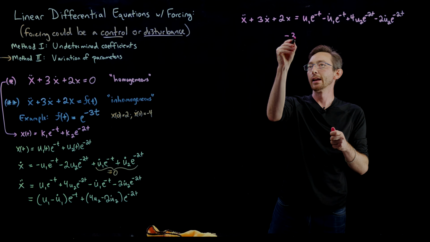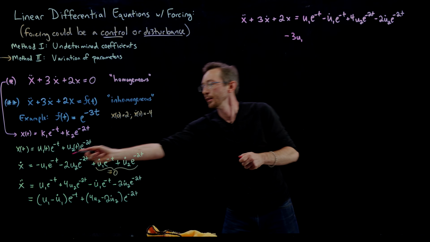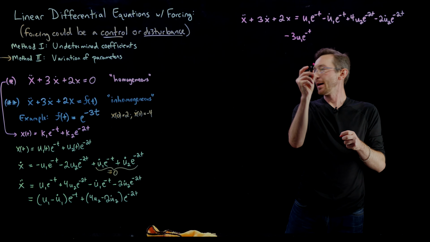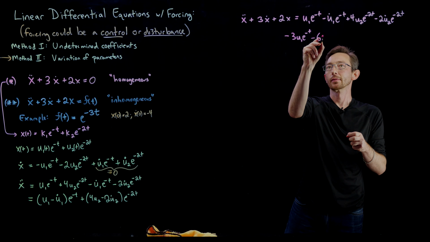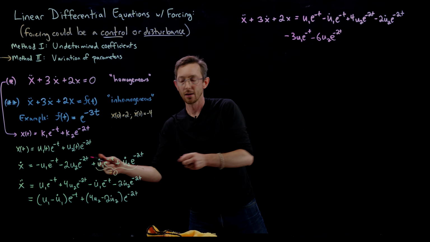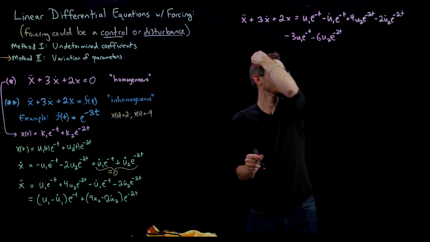So minus 3u1 e to the minus t, minus 6u2 e to the minus 2t, that's this term here, plus 0 because I made this assumption.